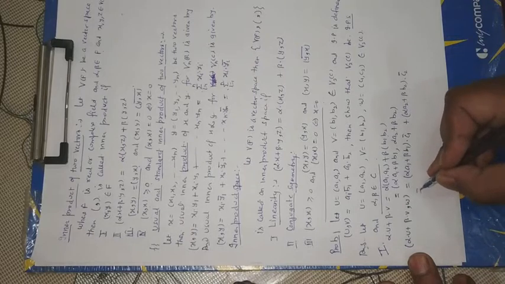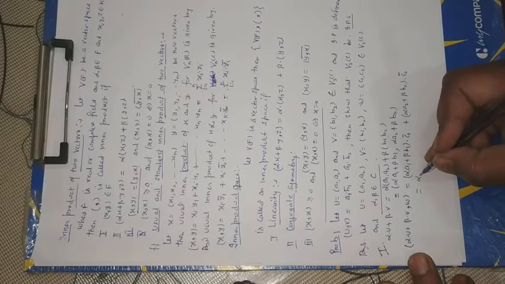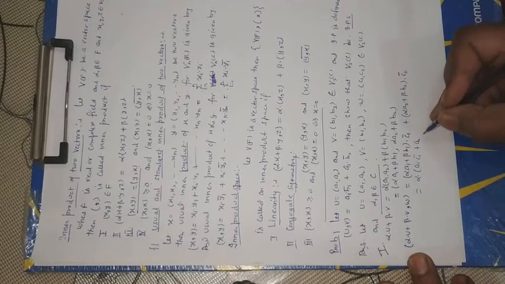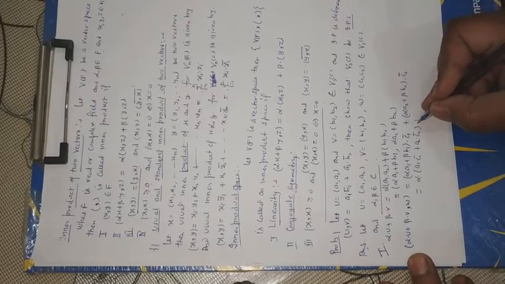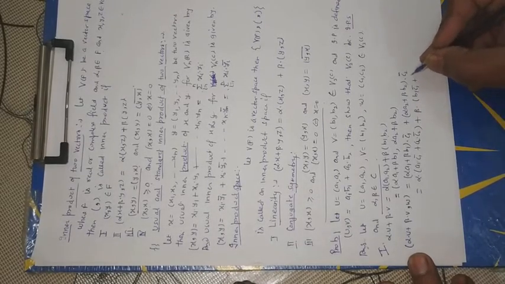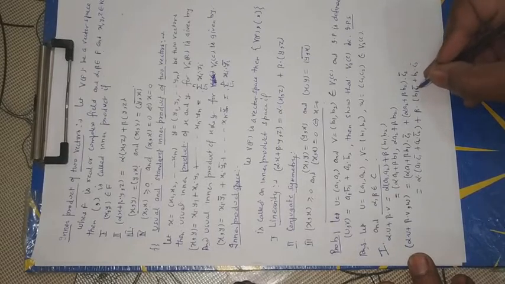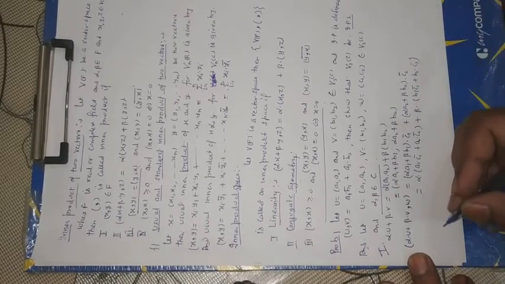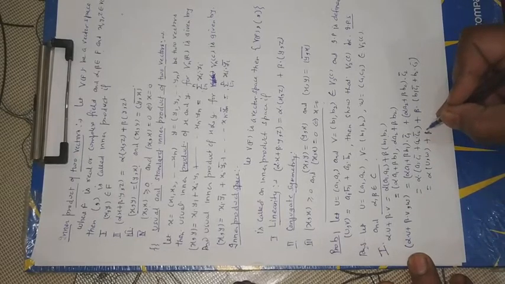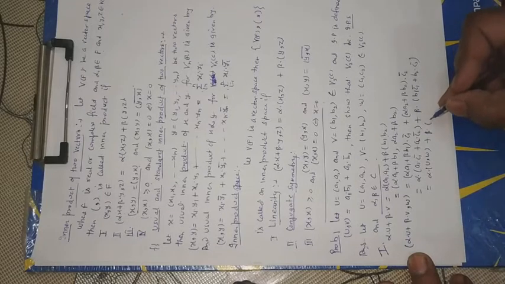Now we can write alpha into (a1 c1 bar plus a2 c2 bar) plus beta into (b1 c1 bar plus b2 c2 bar). This is equal to alpha u inner product with w plus beta v inner product with w.